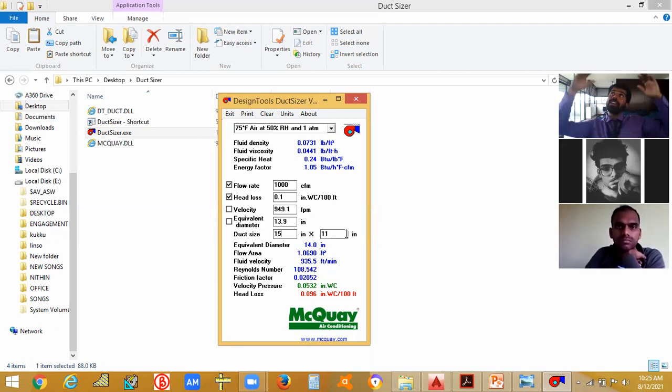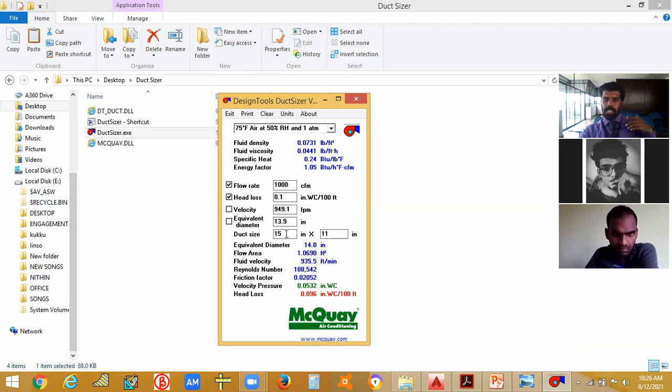So if I have sufficient space, you just go for a value which comes closer to the aspect ratio. You understood what I'm saying? So the advantage here is that we can adjust our dimensions. Okay?